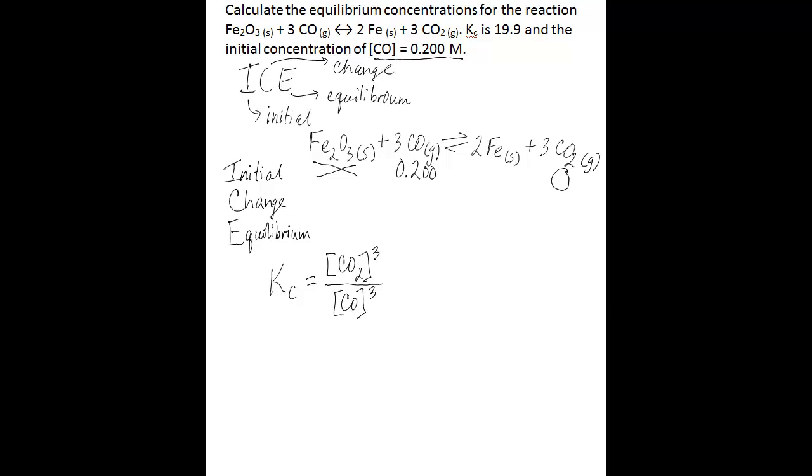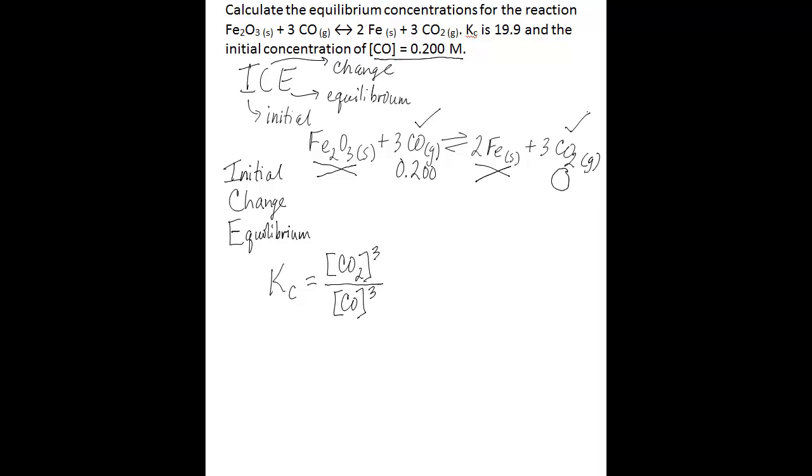And similarly to Fe2O3, because iron is a solid, you also won't pay attention to the concentrations of iron. So you're only dealing with the concentrations of carbon monoxide gas as the reactant and carbon dioxide gas as the product.